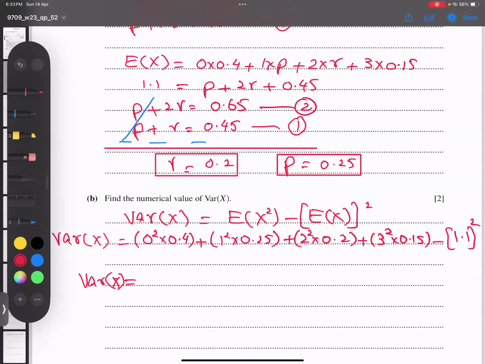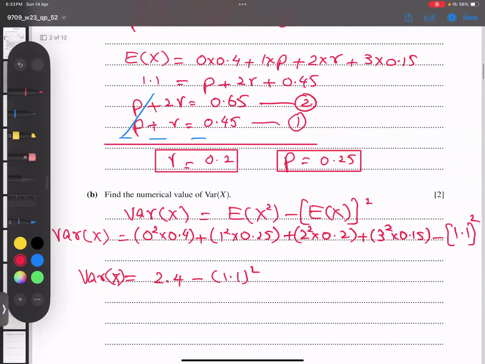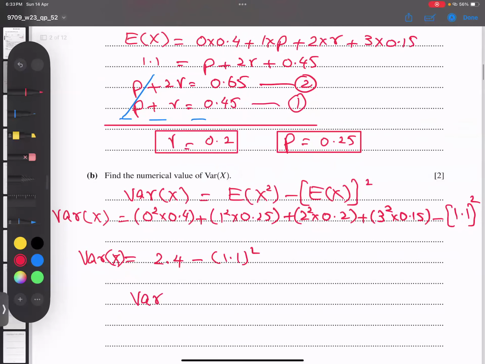If I type it in the calculator, 0.25 plus 4 into 0.2 plus 9 into 0.15, I'm getting 12 by 5, or in decimals 2.4, minus 1.1 whole squared. And finally, I get the answer: variance of X is 1.19. Alhamdulillahi Rabbil Alameen.